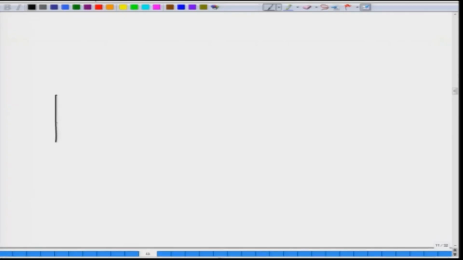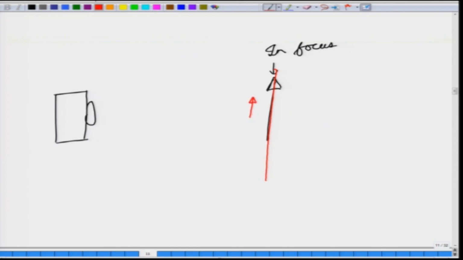Suppose you have a camera here and you have the object here, and this object is completely in focus. Now, depth of field asks the question: suppose you have set your camera such that this plane is in focus, but then if you look at an object that is, say, here, will this object look in focus or not?